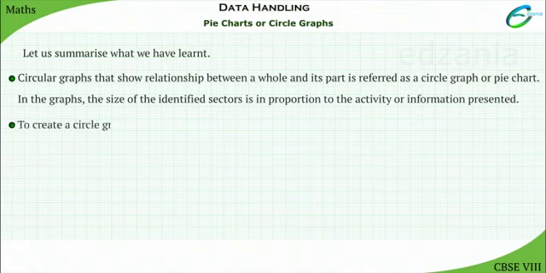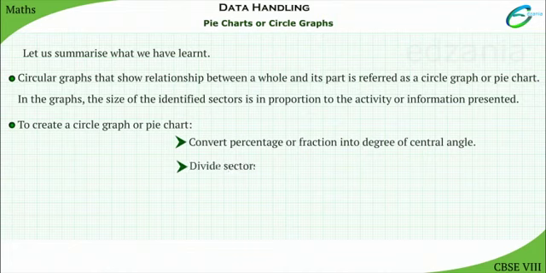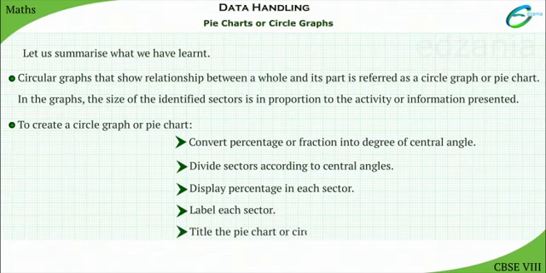To create a circle graph or pie chart, convert percentage or fraction into degree of central angle. Divide sectors according to central angles. Display percentage in each sector. Label each sector. Title the pie chart or circle graph.